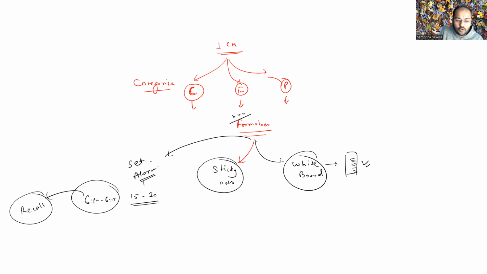Just set an alarm. What you have to do is just sit down with pen and paper, plain paper, and just start drawing the mind map कि कल मैंने क्या क्या पढ़ा या आज मैंने क्या क्या चीजें पढ़ी, और उसको just try to recall that, right? So these are some of the supports.